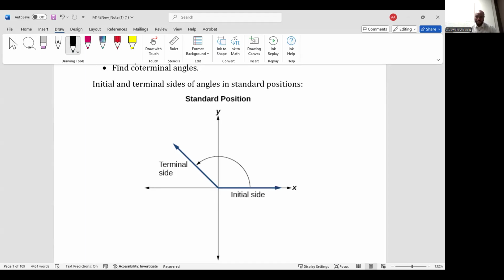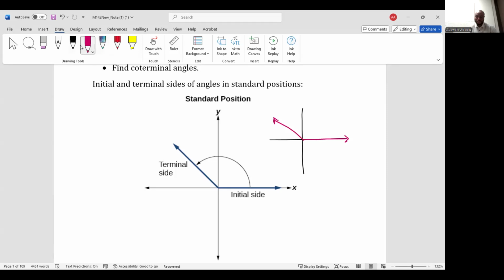So we have that, and we have the terminal side on another side. The point is, if we have something like this, now we are saying that the initial side is on the positive x-axis, and the terminal side will be somewhere else.